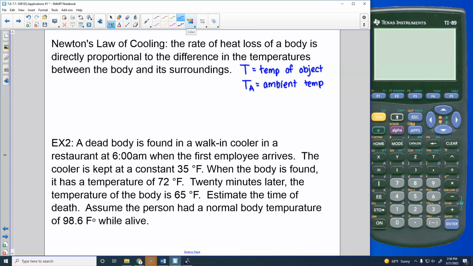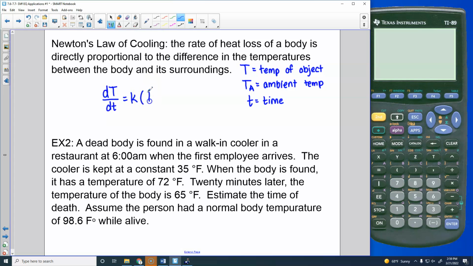All right, so the rate of heat loss, dT over dt, lowercase t. Lowercase t, what is it? Time. Is going to equal, is proportional, so I'm going to put a K here. And it's not proportional just to the temperature, it's proportional to the difference in temperatures.